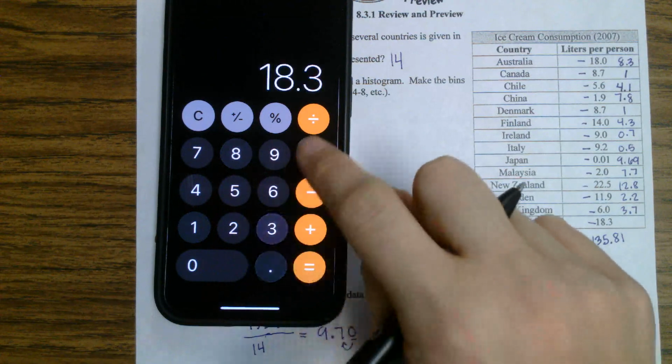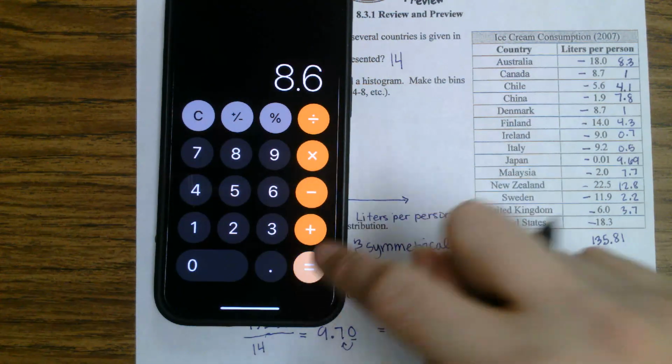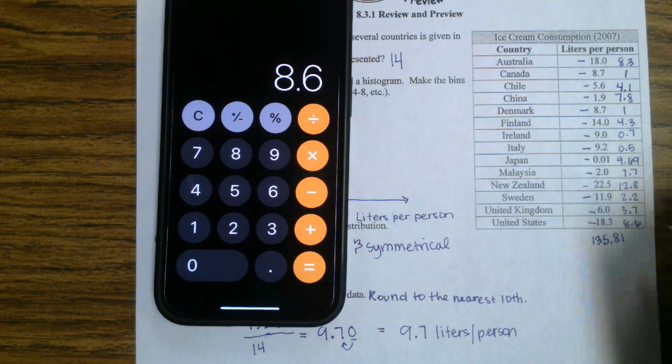And 18 and 3/10 minus 9 and 7/10 is 8 and 6/10.